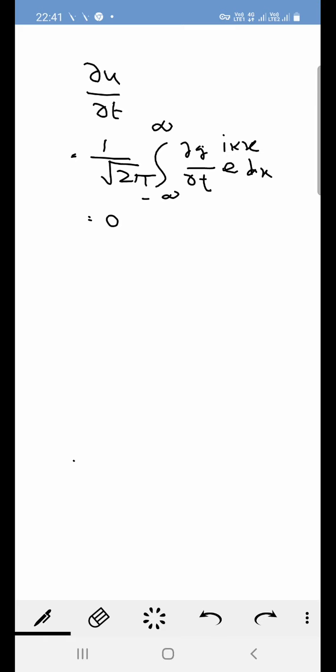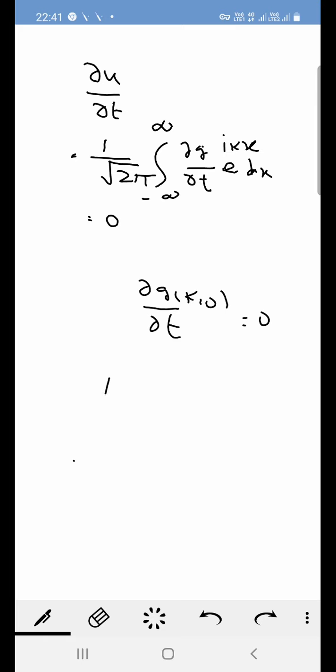Or we can write del g by del t, a function of k and 0, is equal to 0.